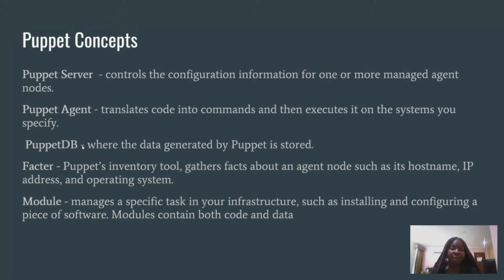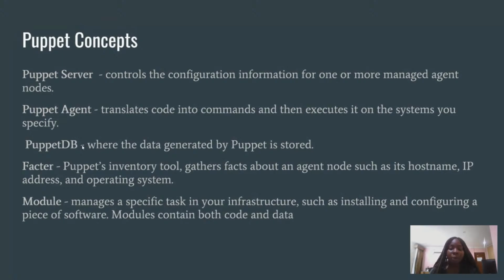Then you have the PuppetDB. It's a kind of database where all the data generated by your Puppet is stored. It's optional. You might decide not to have a PuppetDB, but if you want to store the data generated by Puppet, you can store it in the PuppetDB. Then you have Facter. Facter is Puppet's inventory tool that gathers facts about the agent nodes, such as the hostname, the IP address, and the operating system.